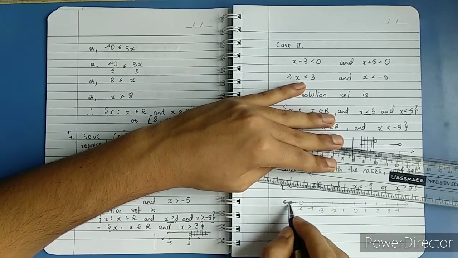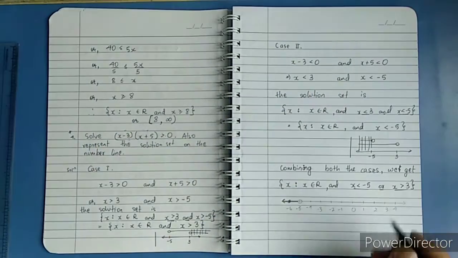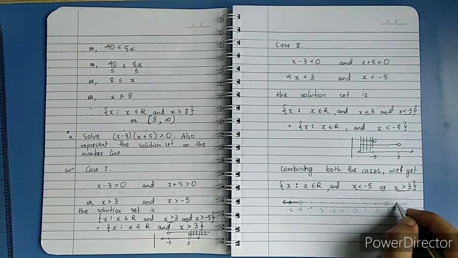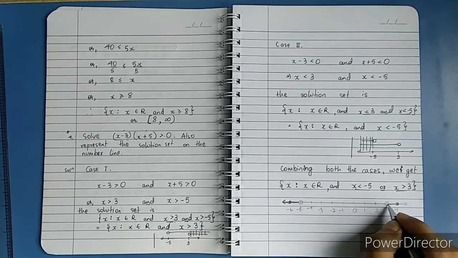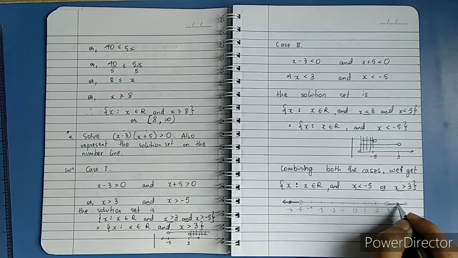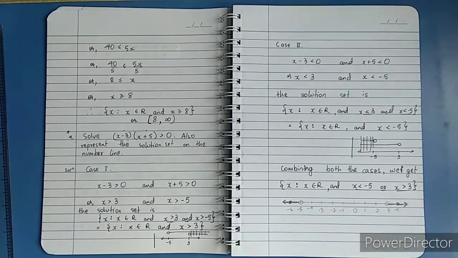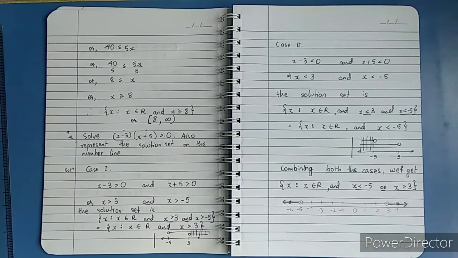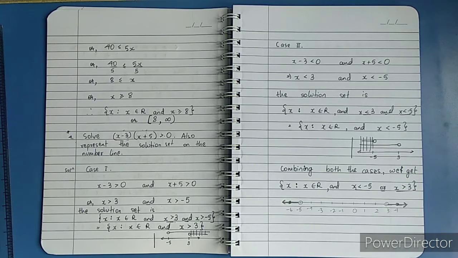And we'll bold the line as well. And for this one, x greater than 3, so 3 is not included, 4 will be included here, and we need to bold this line as well, because all the elements in between are also included. Whenever x is a real number, we need to include all the numbers in between, so we need to bold the line. So this is your solution on the number line.